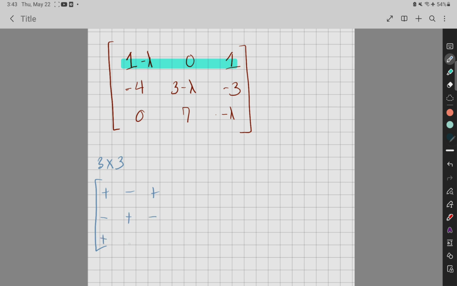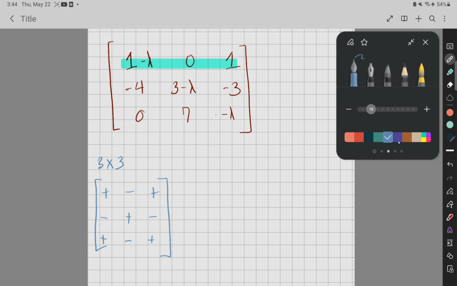And then this is plus. So, you can remember this, but what I would want you to remember is this important part.